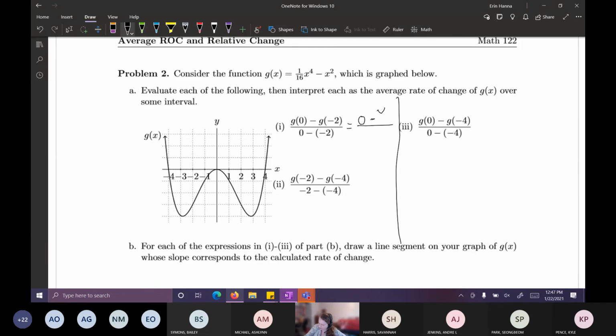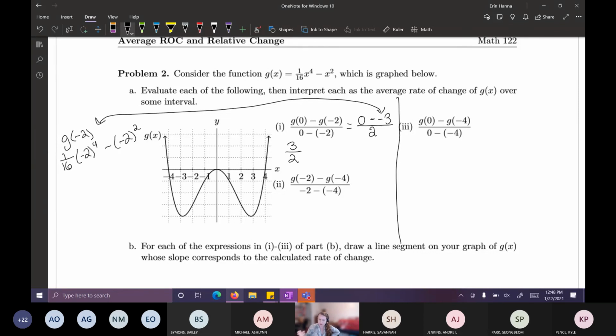So g of -2 is 1/16 times -2 to the 4th minus -2 squared. If you plop that into a calculator, because I can't do that in my head, it's apparently -3, according to my notes. And then in the denominator, we have 0 minus -2, so essentially 0 plus 2, so we'll have 2. So we'll end up with 3/2.